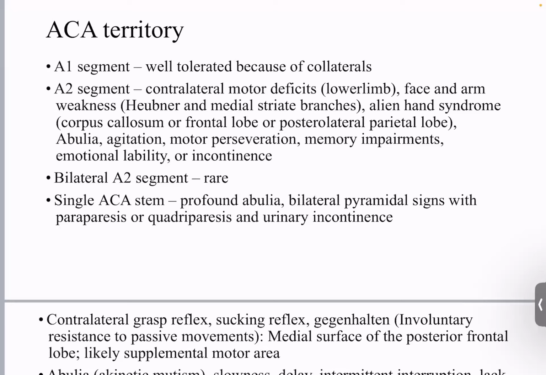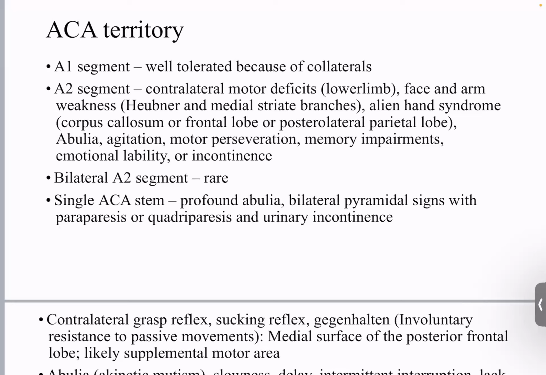So for all practical purposes, any paraparesis or quadriparesis is invariably a cord lesion. But if at all someone asks you what are the brain lesions which can cause quadriparesis or paraparesis, it is unpaired ACA or single ACA stem. So remember, in hemiparesis, usually upper limb weakness will be more than lower limb weakness because MCA is supplying the lateral part of the brain where upper limb representation is there.